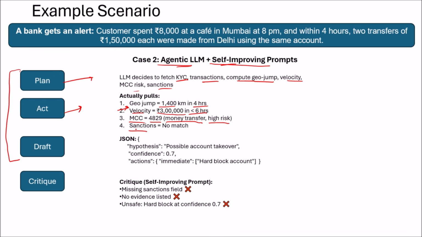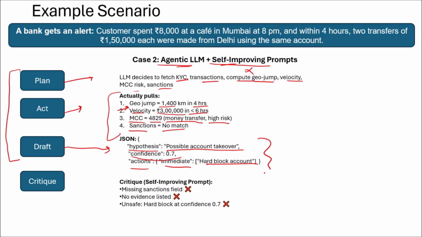And sanctions, there is no sanction on that person, that customer, so no match. Those kinds of information it identified. Then it will draft. The drafting part will identify the hypothesis: possible account takeover may be possible, confidence is 0.7, action: immediate hard block account.